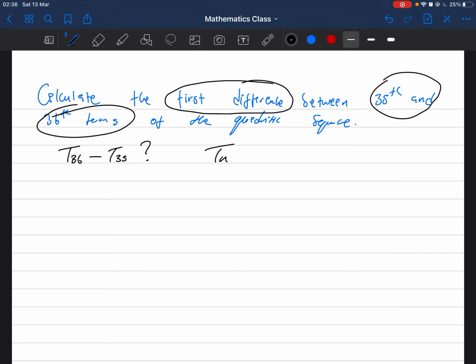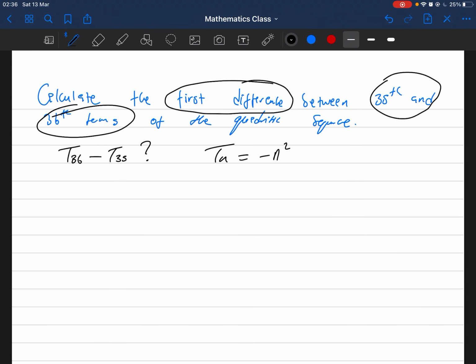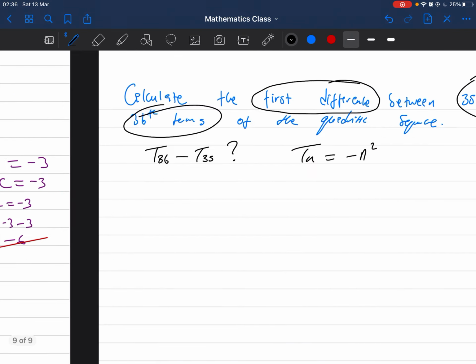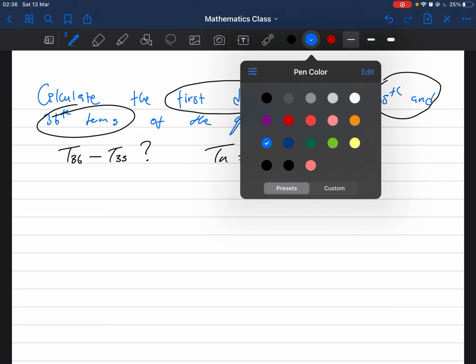So we know that Tn is equal to minus n squared plus 4n minus 6, right? So what is T36? For T36, where there's n, you're going to put 36. Simple as that.